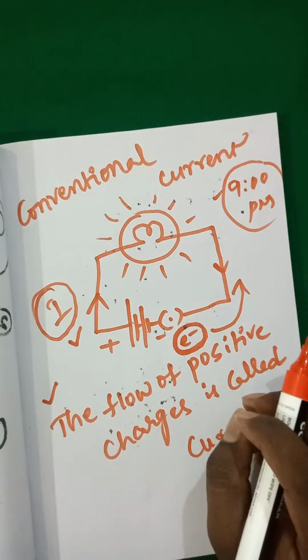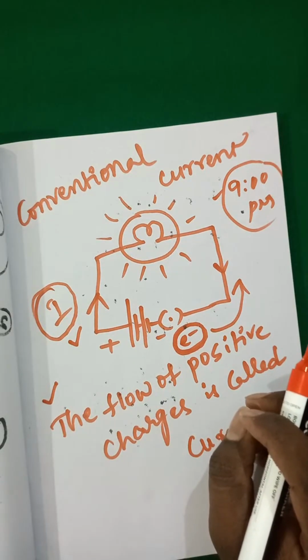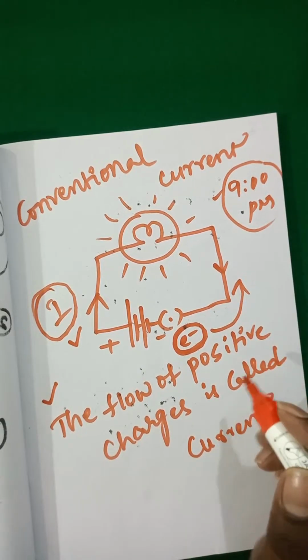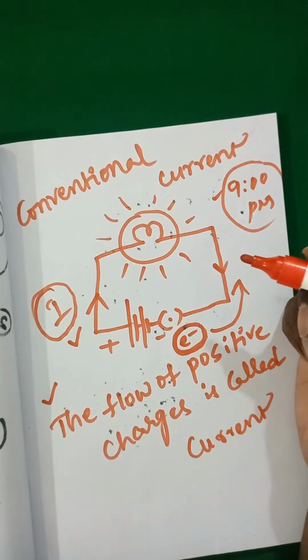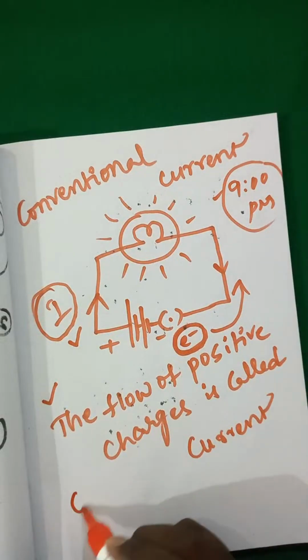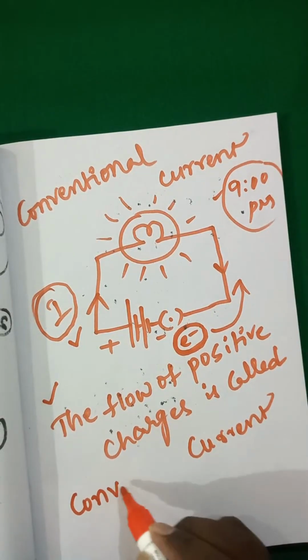We can't do that. That is the reason they simply changed the definition instead of changing the whole experiments. That is conventional current, and that's enough.